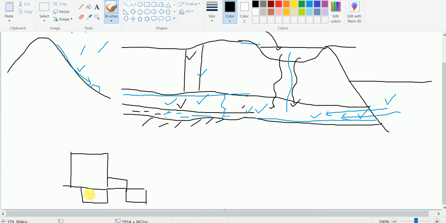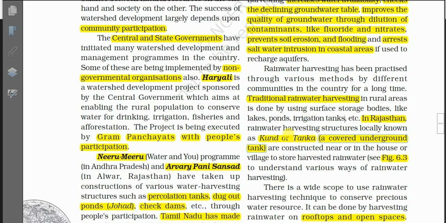So it may be constructed just below the rooms or just nearby the house underground. Actually it is covered, so that evaporation loss may be checked. And when we construct tankas just below the room, it also beats the summer heat, it cools down the rooms also, as we discussed in class 10.